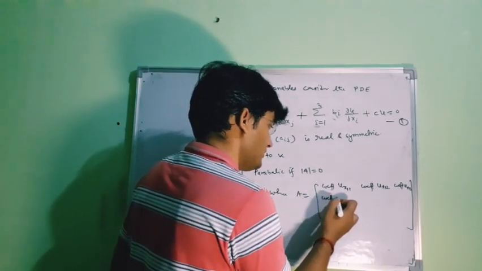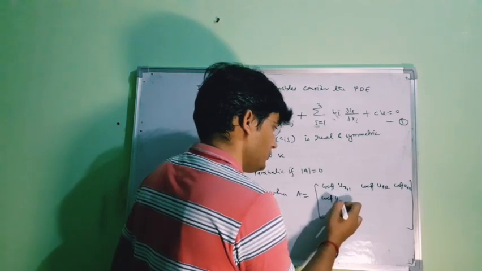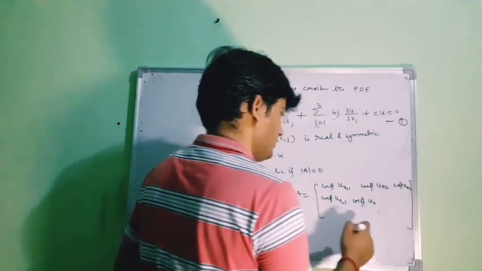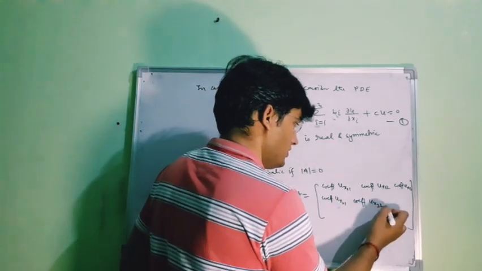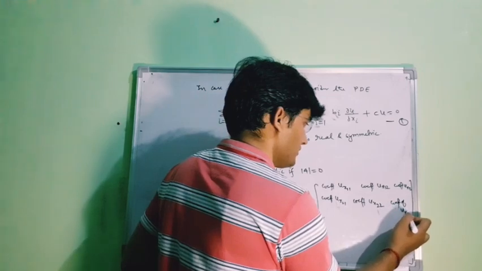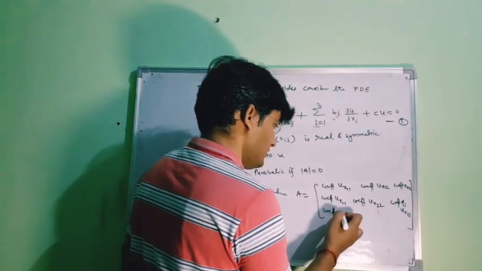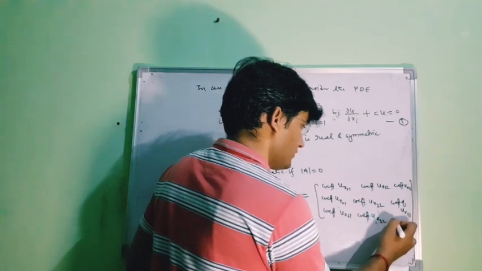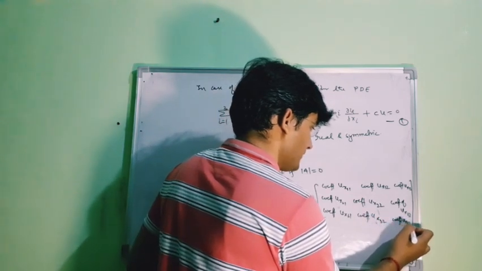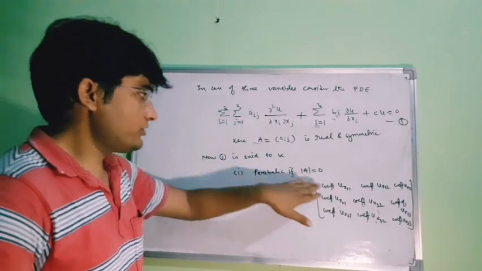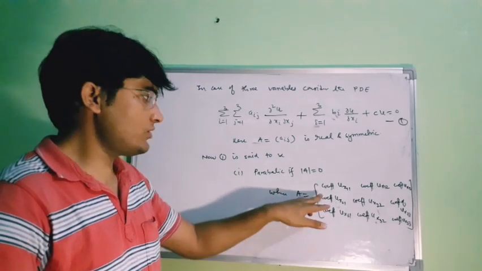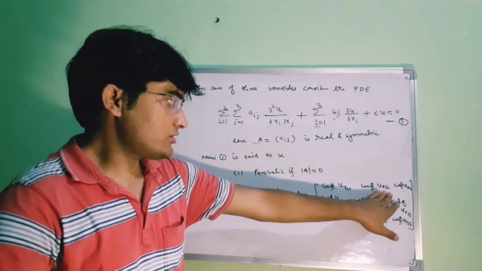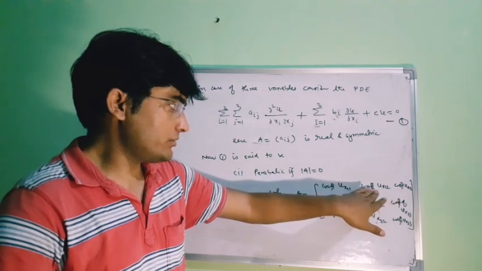Then the coefficient of ux2x1, ux2x2, then the coefficient of ux2x3, then the coefficients of ux3x1, ux3x2, and ux3x3. So that means we have to take the coefficient of ux1x1, say del 2 upon del x1 square, and that will be the coefficient here, and then the coefficient of del 2 upon del x1 del x2 will be here, and so on.